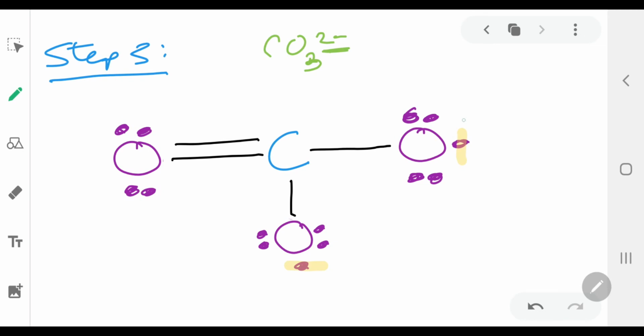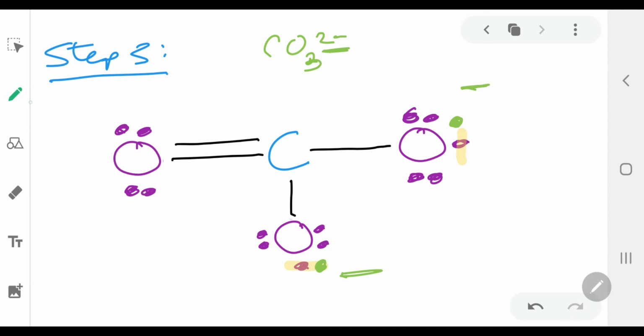So what happened? We're going to add 1 additional electron, so that will be a negative charge, and then we're going to add another electron over there, and that will be a negative charge.